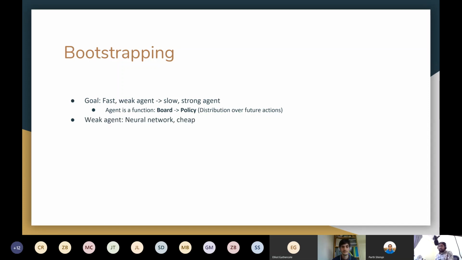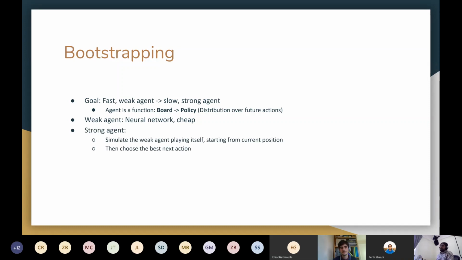The weak agent here is going to be a neural network, which just takes in the board and outputs a distribution of actions. Neural networks are pretty cheap to run, and we can run them lots of times. And to get the stronger agent, what we're going to do is take the current board and simulate the weak agent playing against itself a lot of times.